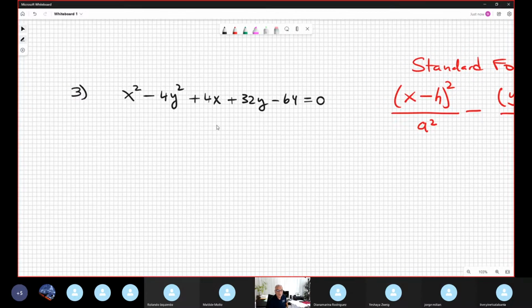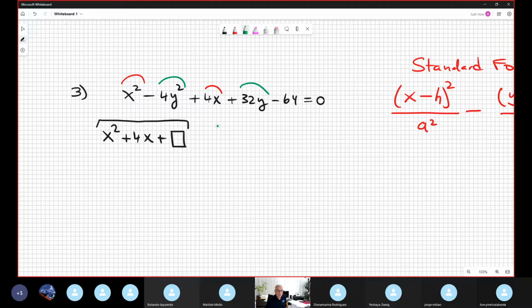Okay, now remember the idea. You take the x part, this and this, and you put them together. It's like x squared plus 4x plus a box. Help me to complete the square. You group the x part here and the y part like that. Now the y part is this.